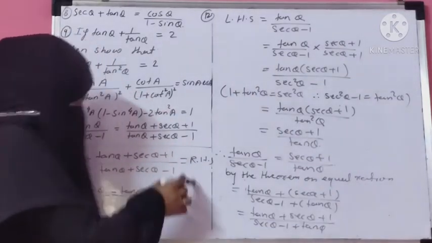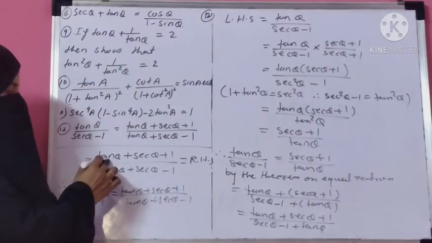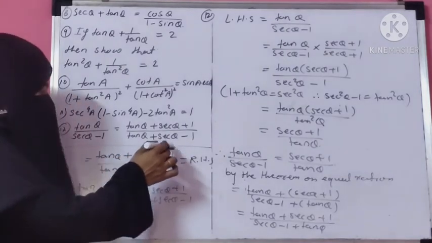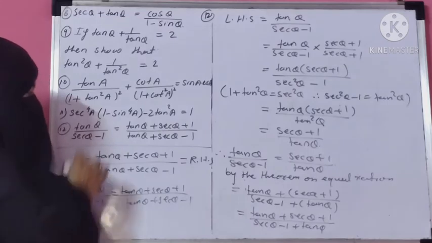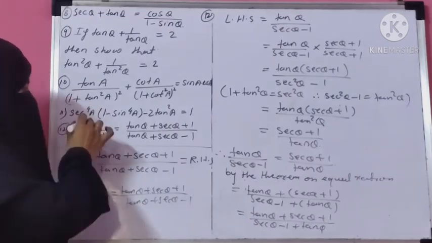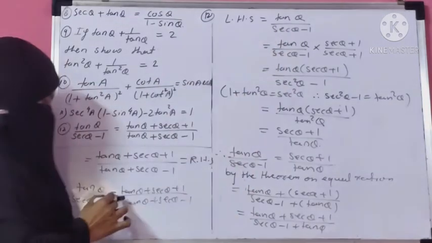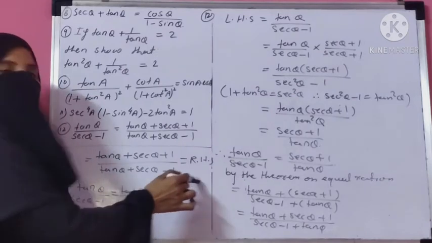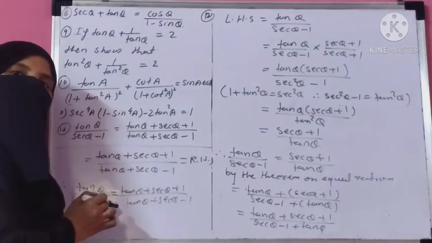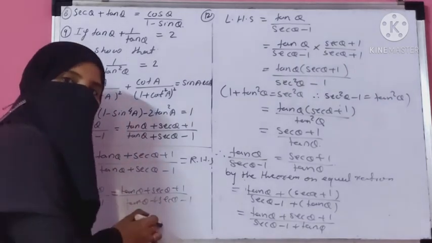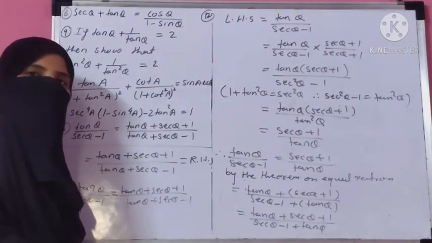Now arrange it as per the question, then you get tan theta plus sec theta plus 1 upon tan theta plus sec theta minus 1. So here we prove your left hand side part, tan theta upon sec theta minus 1, is equal to tan theta plus sec theta plus 1 upon tan theta plus sec theta minus 1. That means your left hand side part is equal to your right hand side part.